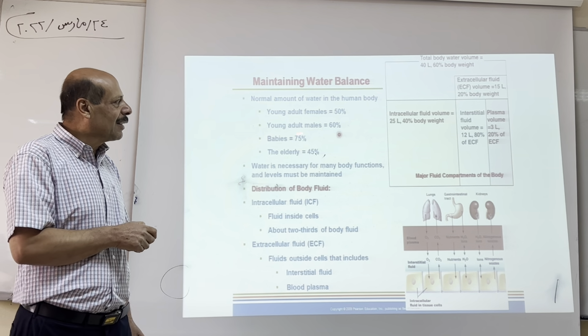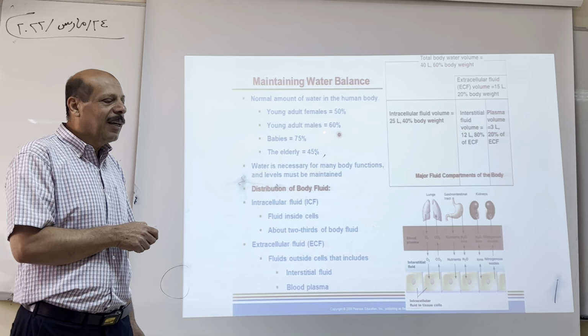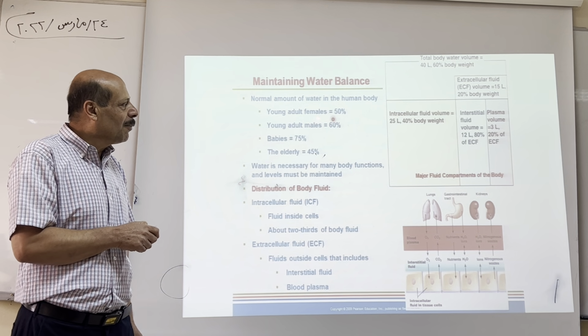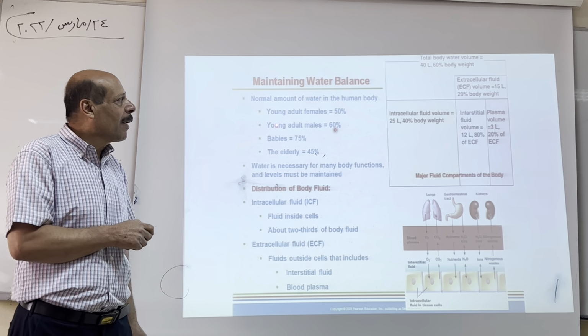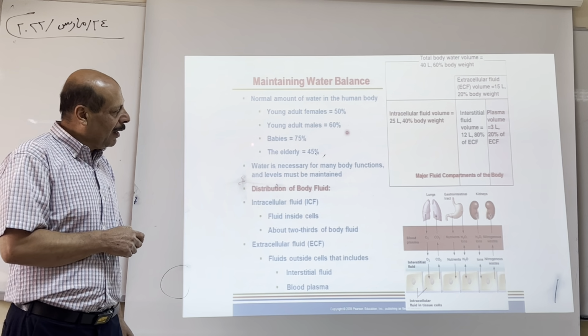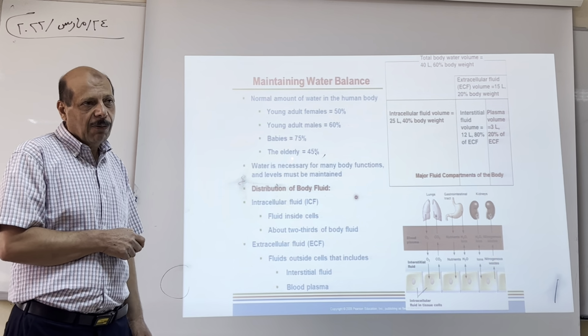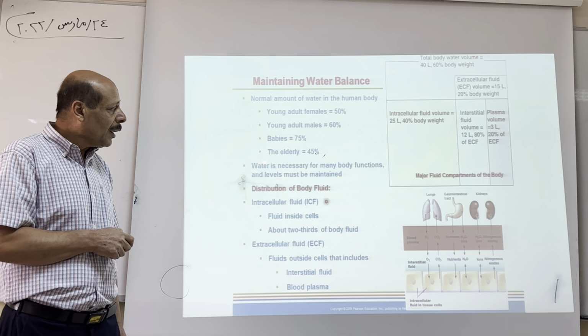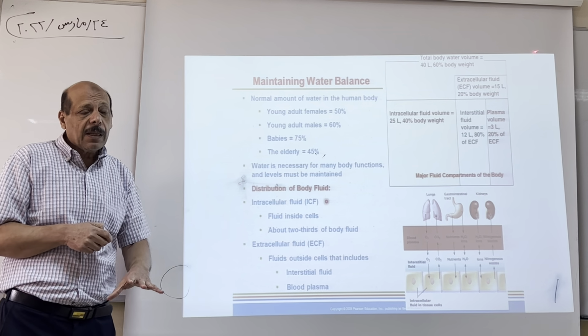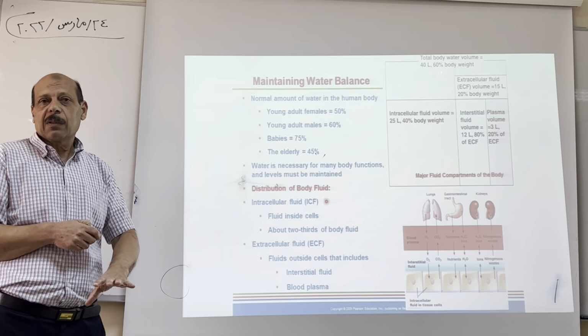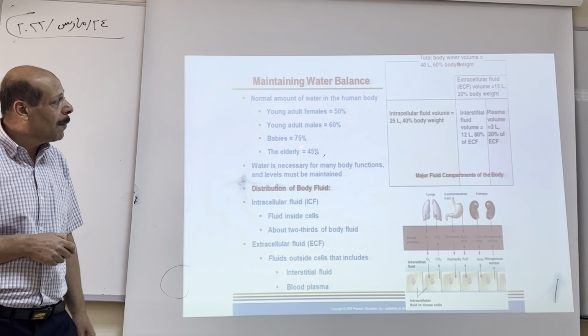In adults, it is mainly around 60% or 65%. In old age, it is going toward 50% of their body weight. So the amount of water decreases by aging, as we said.